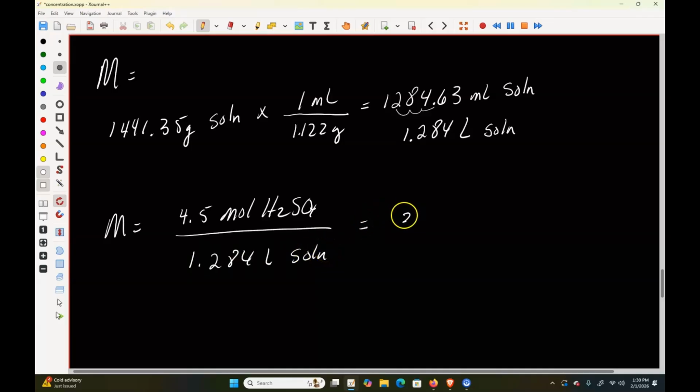And this would give me 3.5 capital M molar H2SO4. That'll be the molar concentration.